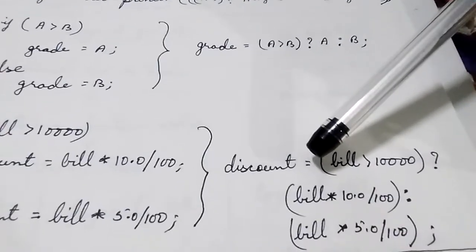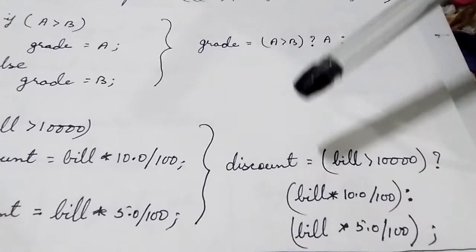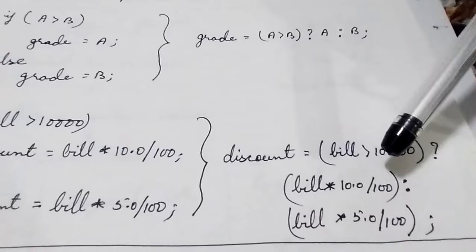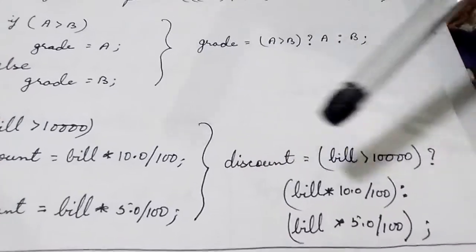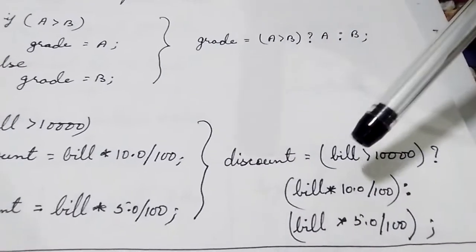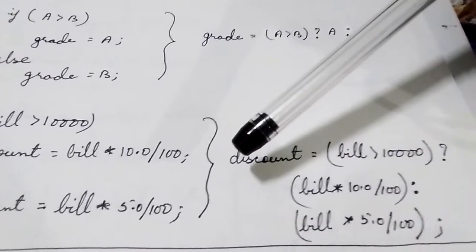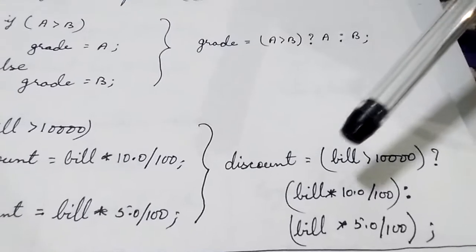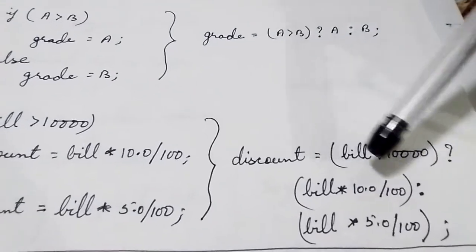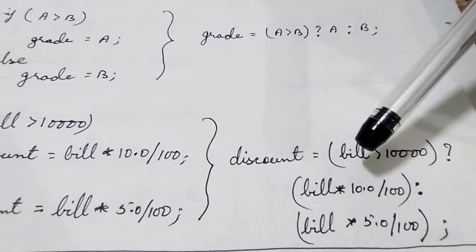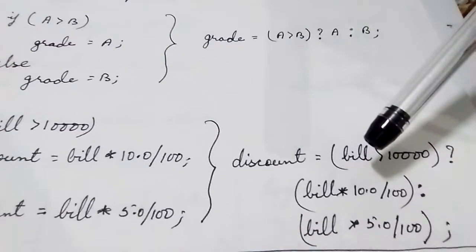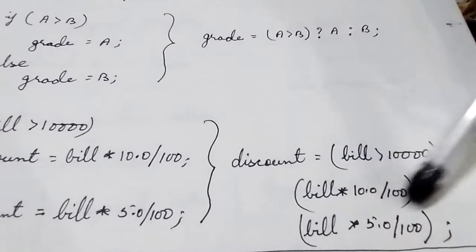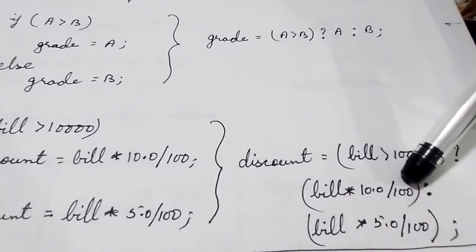I hope you remember that equal to is an assignment operator. It assigns the right hand side value to the left hand side. So whatever result we get here will be passed to discount. Again, bill is greater than 10,000 is my condition. If the condition returns true, then soon after the question mark the 10% discount will be evaluated.